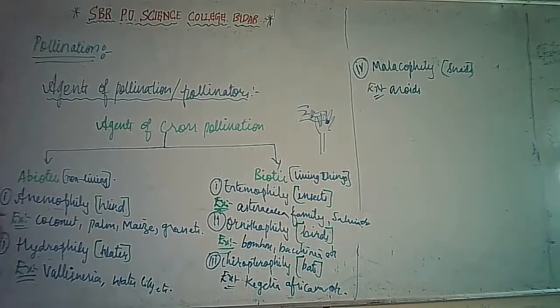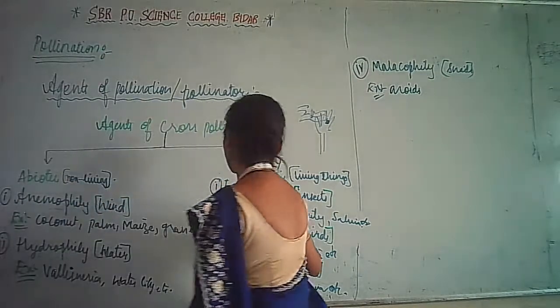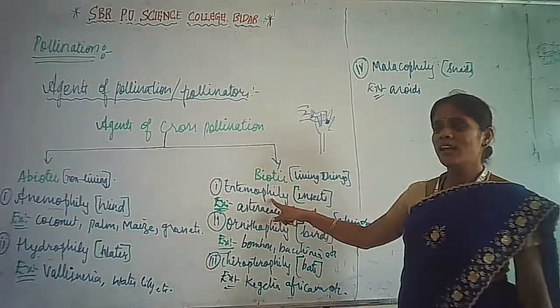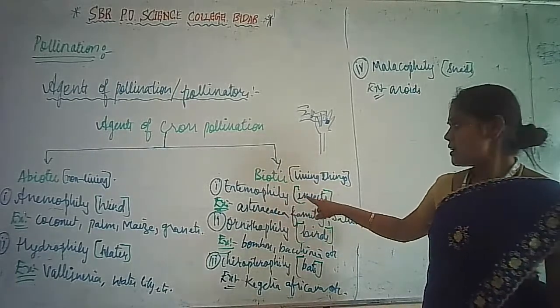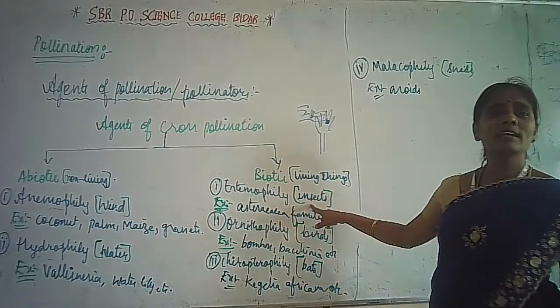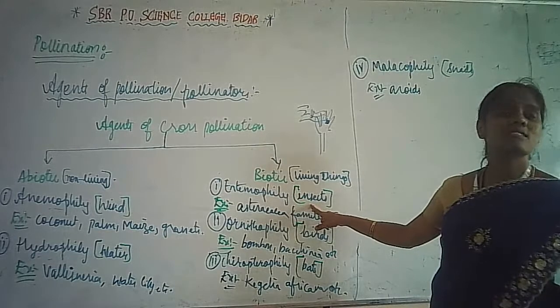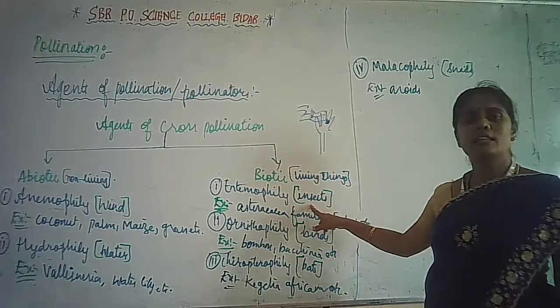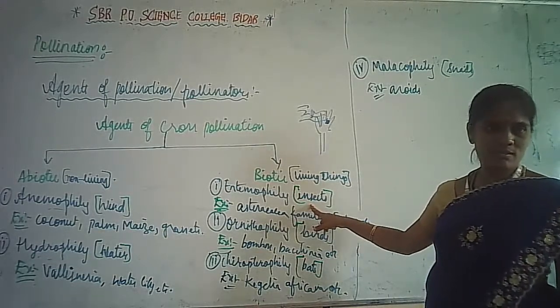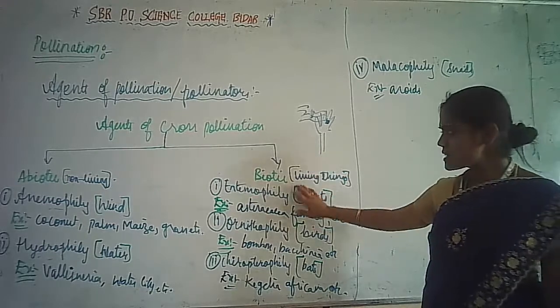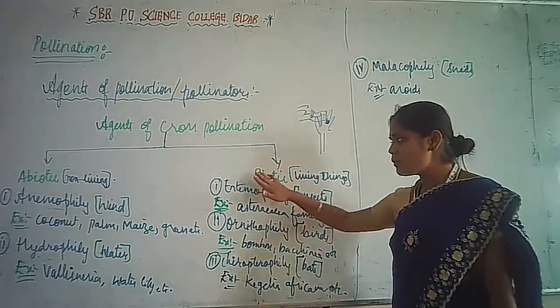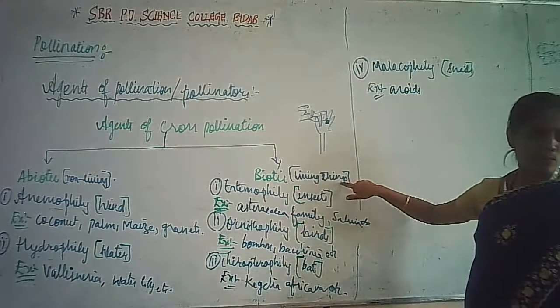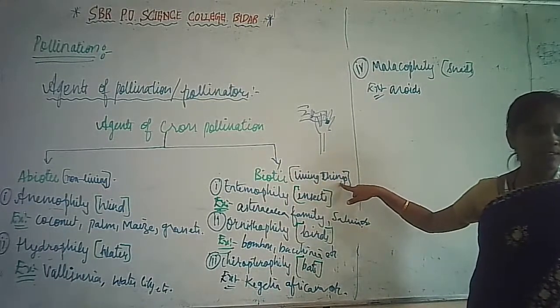Understood? So now entomophily. Entomophily means the flowers which are getting pollinated with the help of insects. Insects are the pollinating agent. Okay, because these are biotic. All types of pollination require living organisms; they are depending on living things.